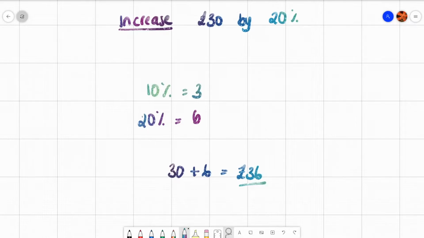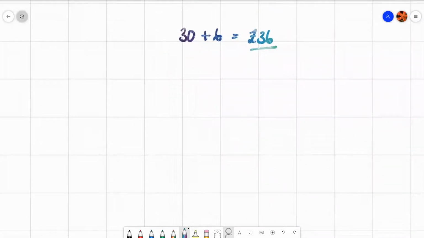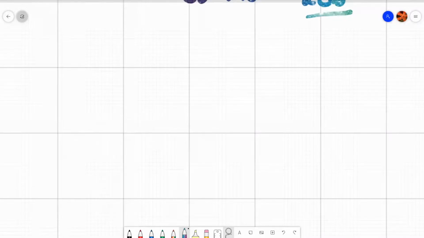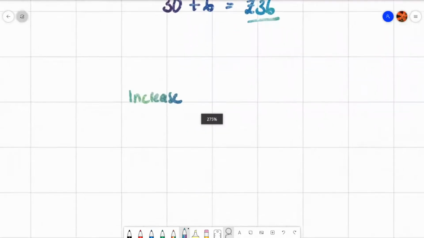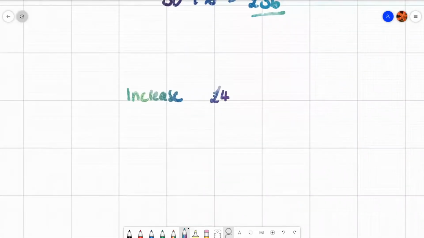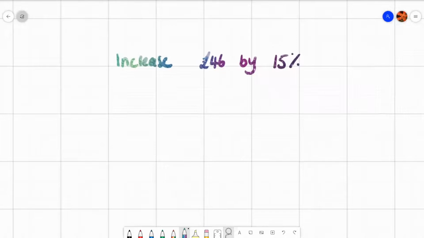Let's have a look at another question like this. Increase £46 by 15%. Again, the common method would be to work out 10%, which is £4.60. Obviously, divide by 10 to work out 10%. Then I would work out 5% by halving that, £2.30.